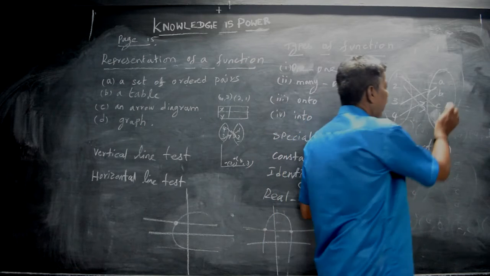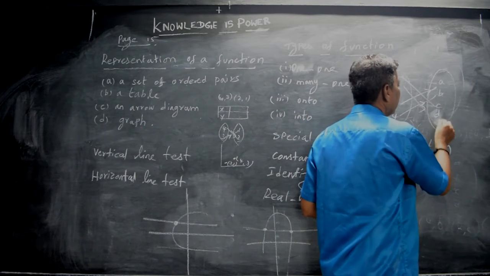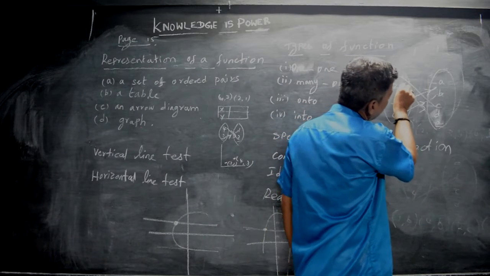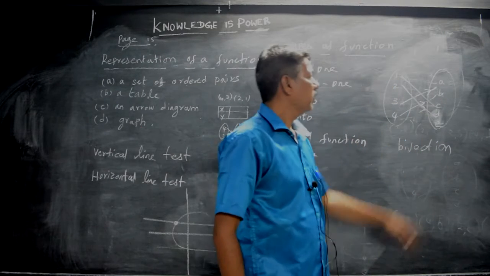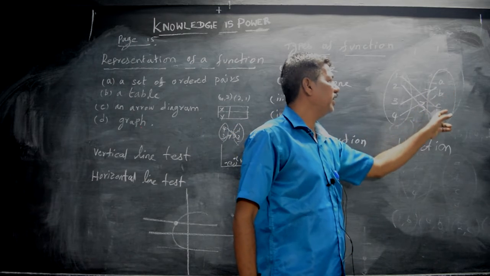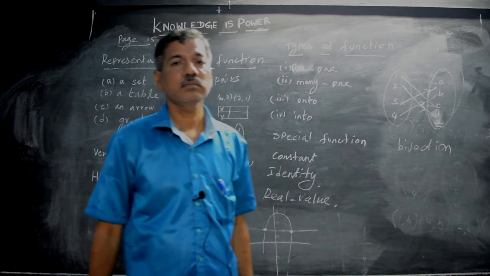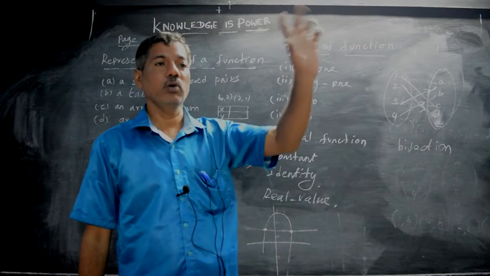Okay, so as I informed earlier, D is there. Which one did I connect? 2 will be D. Here A, B, C, D. E will not have a pre-image. It is standing alone.